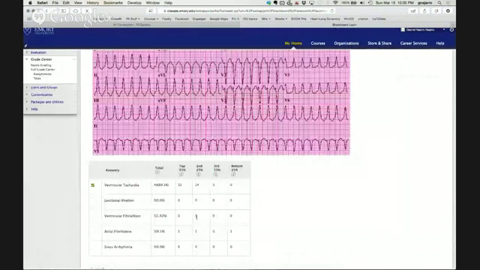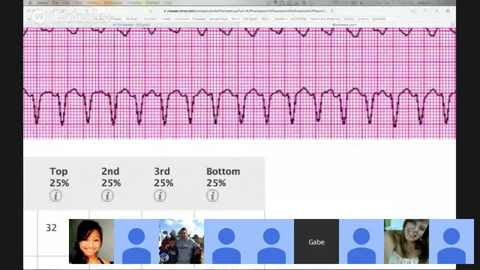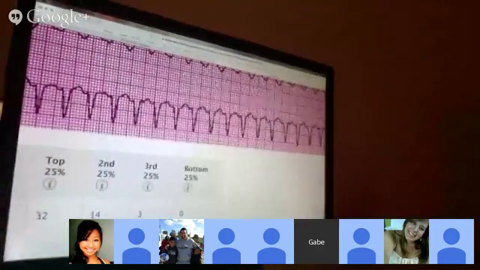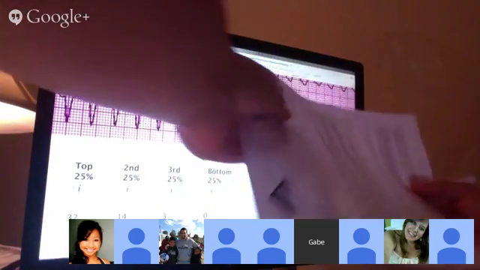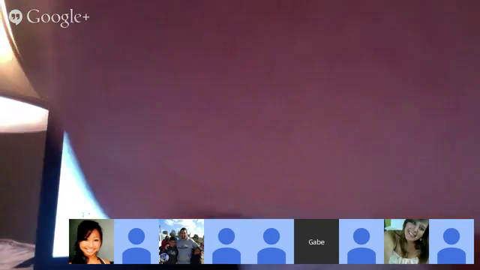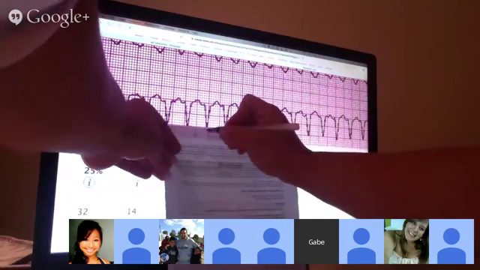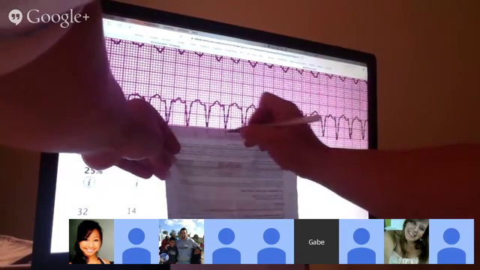So some people answered fib. That's not true. Fibrillation would have totally chaotic patterns, nothing regular like this. Some people answered AFib. It's not AFib because it's regular. And if we do our paper test again, I draw a mark here, one here, and even one here.